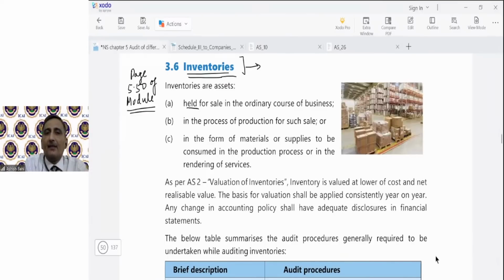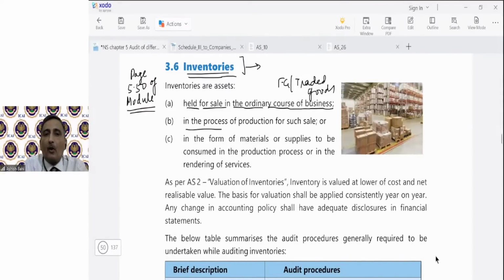Held for sale in the ordinary course of business means these are finished goods or traded goods, items which are meant for sale. This feature is what distinguishes inventories from other items.